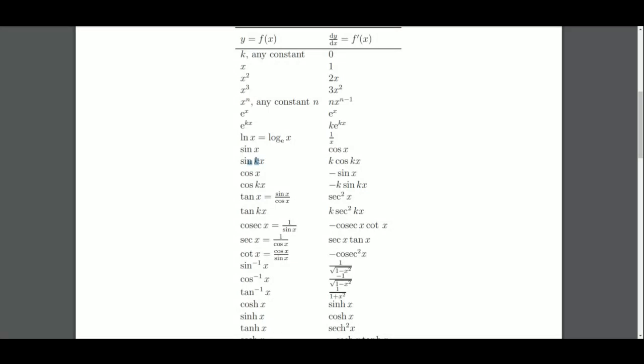So I'm going to come back and we're going to write that. Okay, so we started with x being equal to 40 sine 200 pi t.